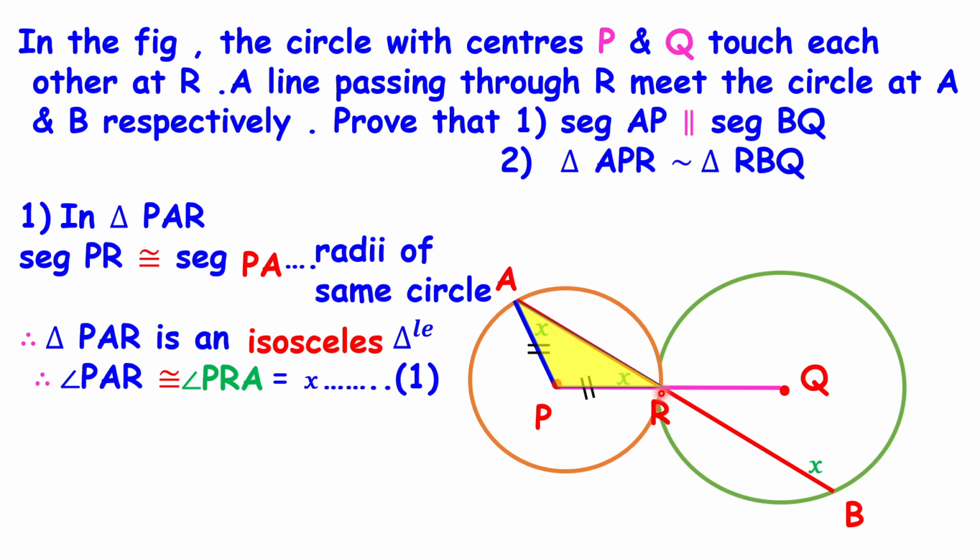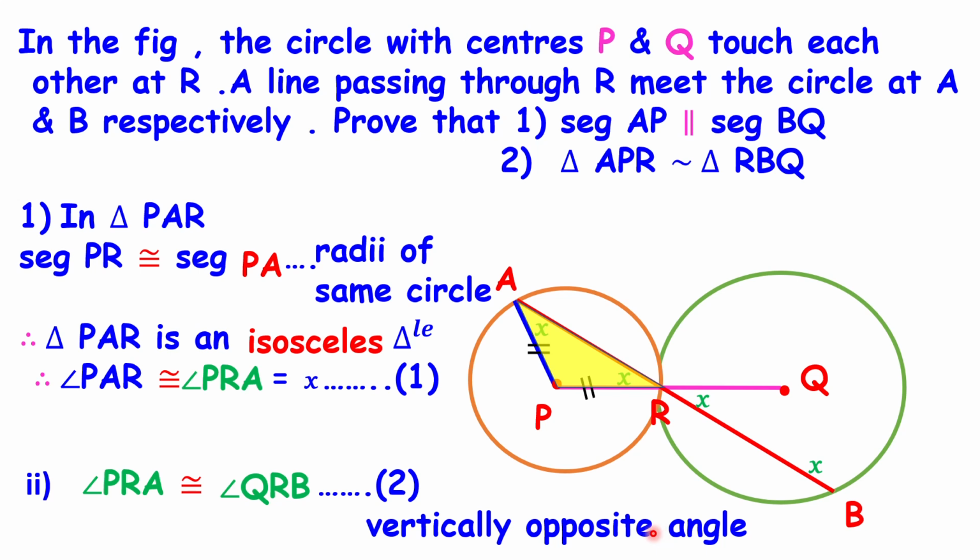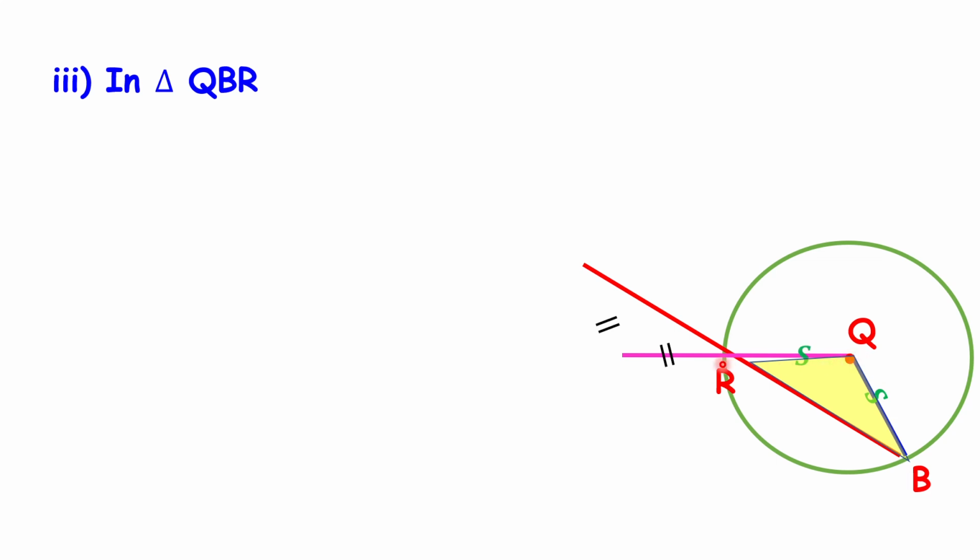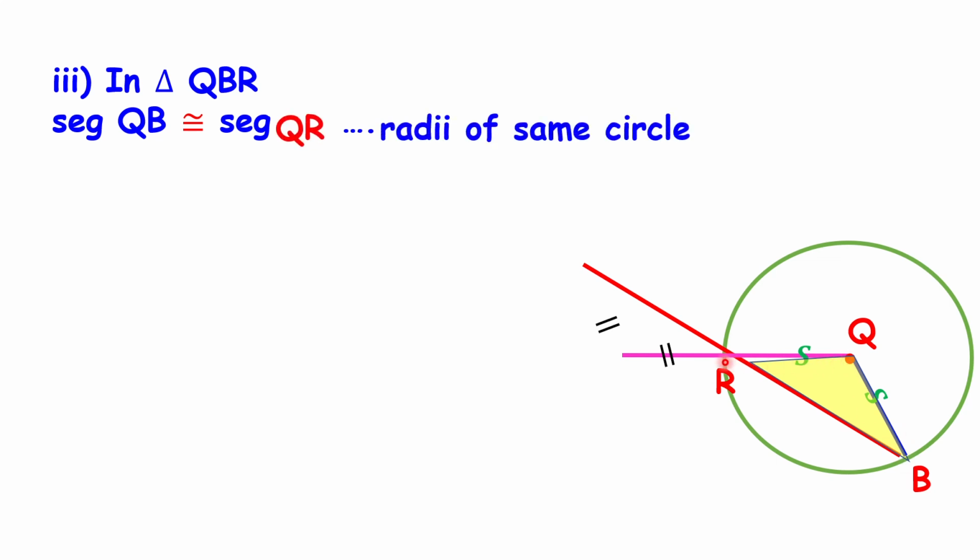Therefore vertically opposite angles are congruent to each other. Therefore angle PRA is congruent to angle QRB because these are vertically opposite angles. Similarly, in triangle QBR, QB and QR are radii of the same circle. Therefore, segment QB is congruent to segment QR because they are radii of the same circle.